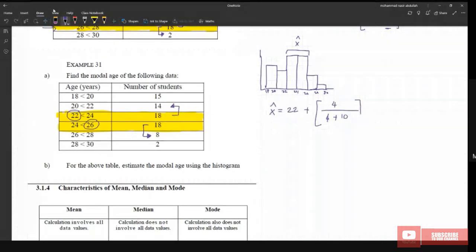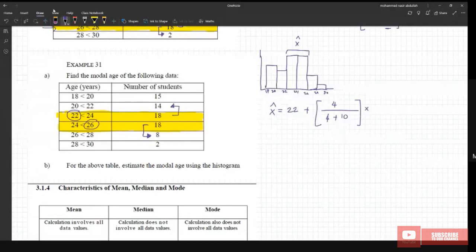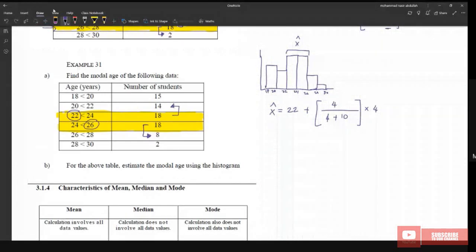Now, the class size is from 22 to 26. So 26 minus 22 should be equal to 4. Right? So mode is equal to 4 divided by 14 multiplied by 4 plus 22. It should be equal to 23.14.